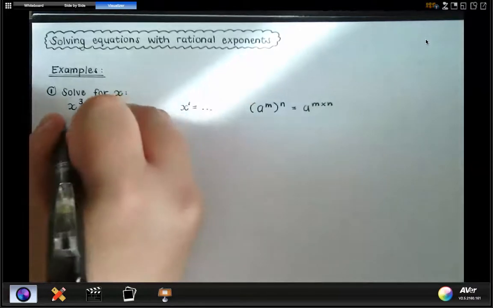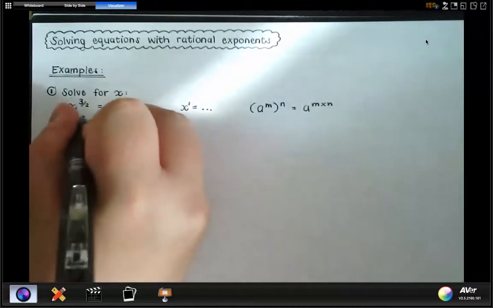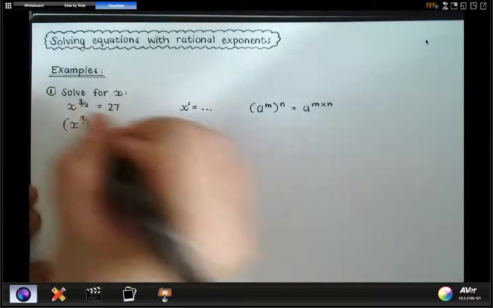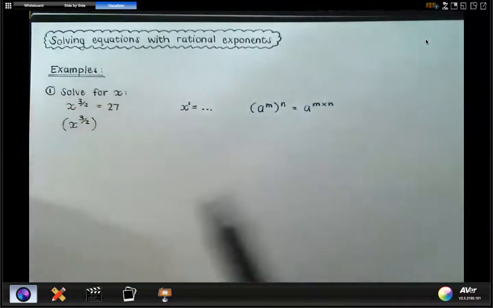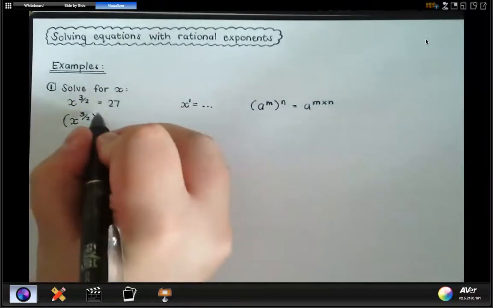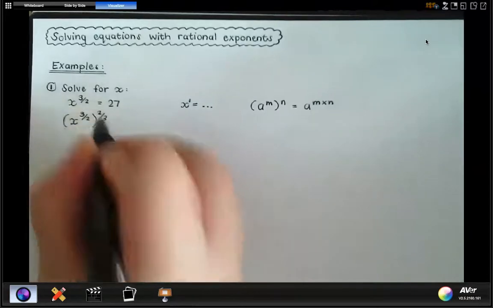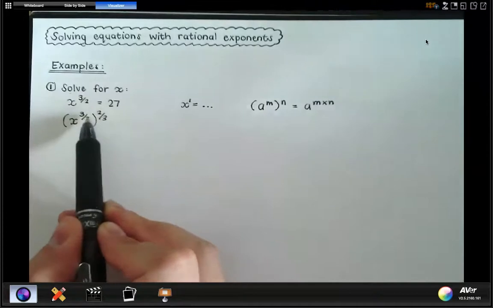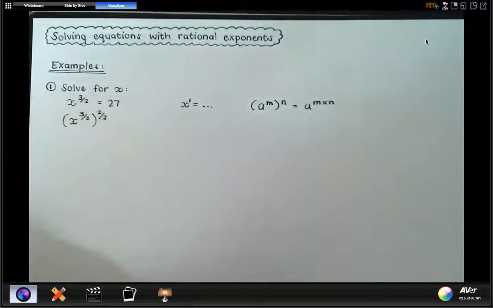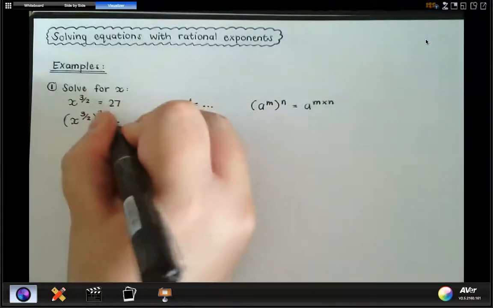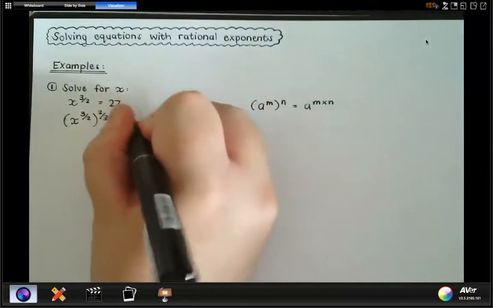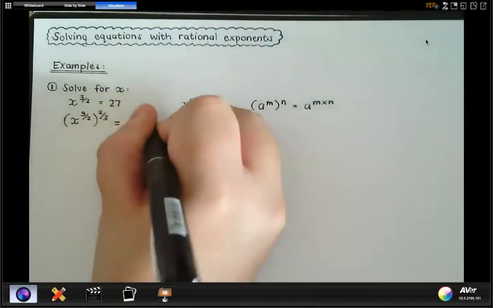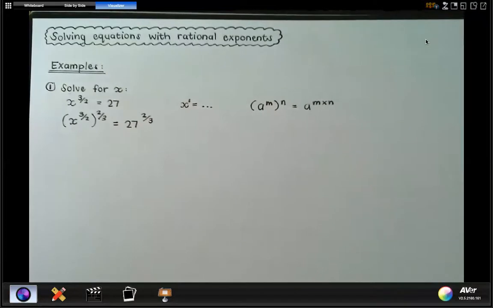So hopefully you can figure out that in order to get 1 from your product, you would have to times 3 over 2 by 2 over 3. Because if you multiply these two together, the 3's are going to cancel out, the 2's are going to cancel out, you're going to be left with 1. Like I said, you can't just do it on the one side, you would have to do it on the other side as well, because it is an equation.